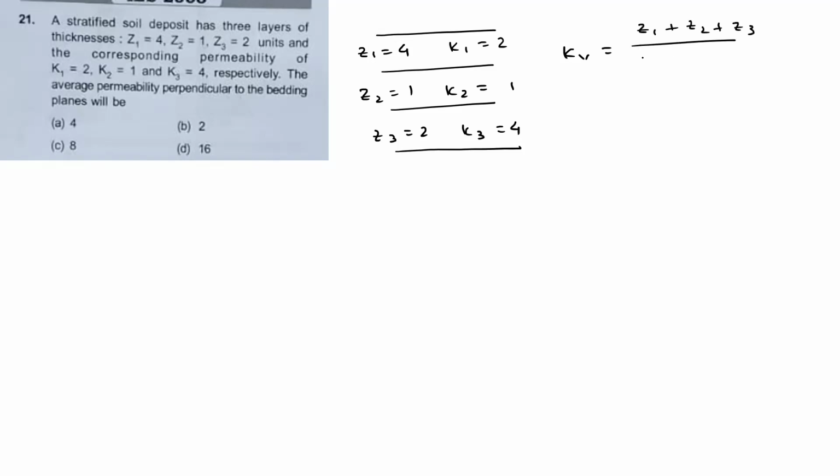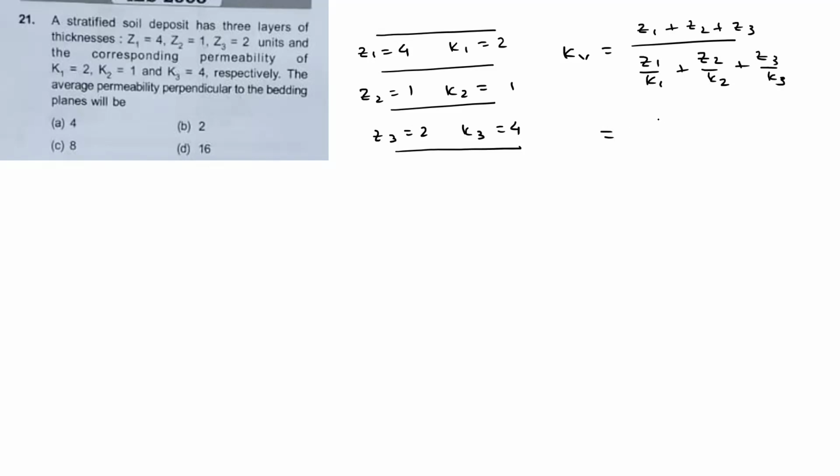So Z1 is equal to 4, Z2 is equal to 1, and Z3 is equal to 2 units, and K1 is equal to 2, K2 is equal to 1, and K3 is equal to 4 respectively. So KV is equal to Z1 plus Z2 plus Z3 divided by Z1 by K1 plus Z2 by K2 plus Z3 by K3.